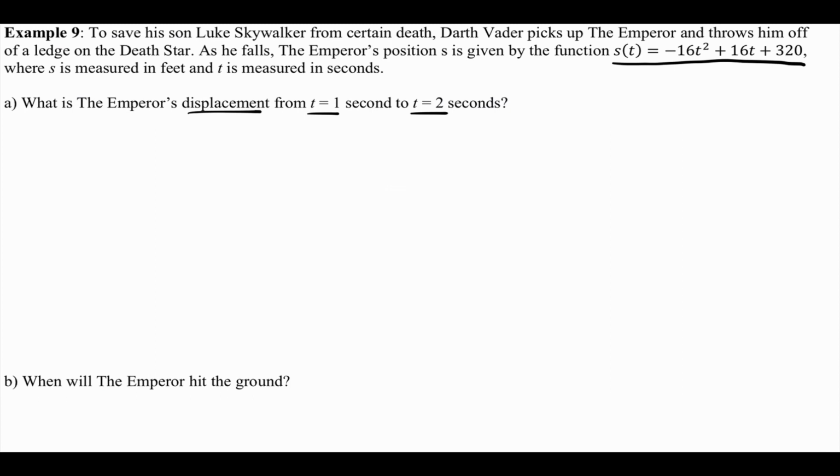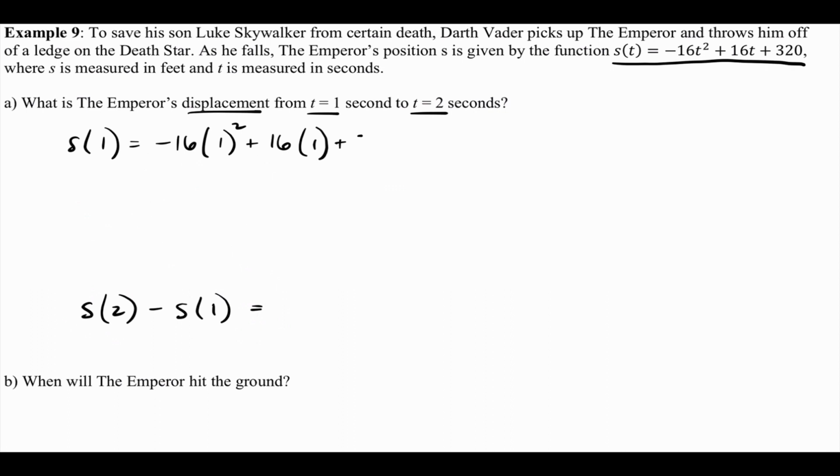So essentially, this is what we're doing. We're doing S of 2 minus S of 1. We're plugging in 2 for T, and plugging in 1 for T, and subtracting them. So negative 16 plus 16 plus 320 equals positive 320.